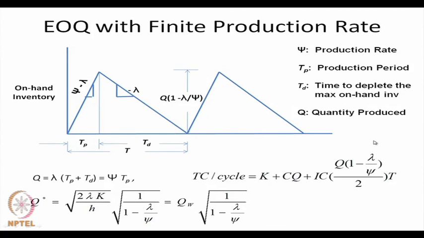Now, we take up another case. We say that the order is replenished by the factory itself by producing the amount that is ordered. So, this is a case of finished product inventory.